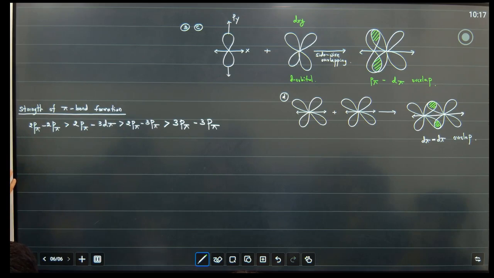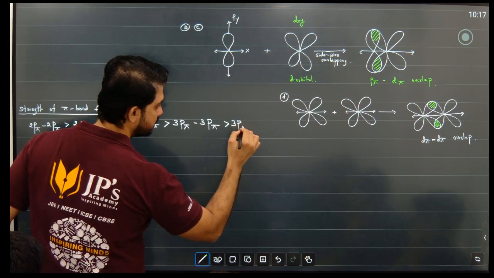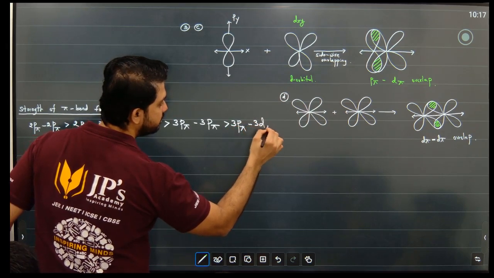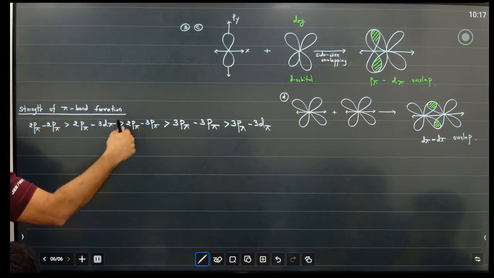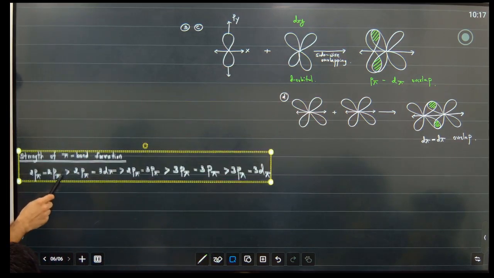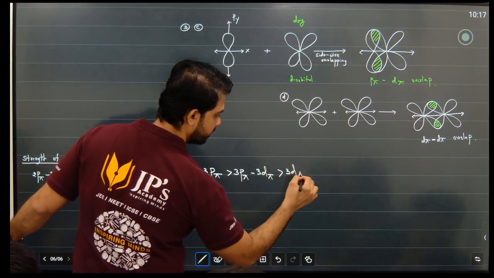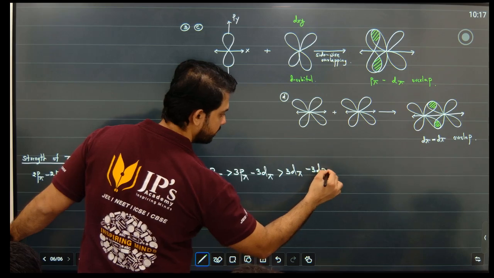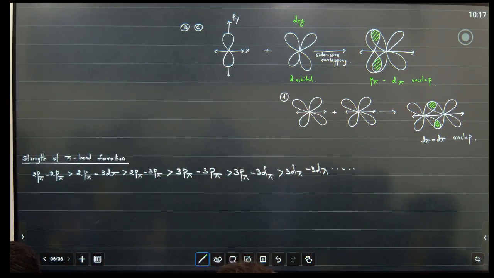That cycle can repeat, because 3 p pi can also overlap with 3 d pi. Then who comes next, people? 3 d pi with 3 d pi, and so on and so forth.